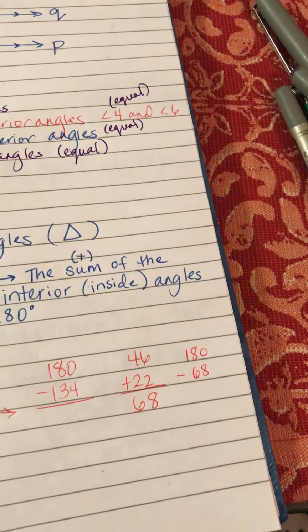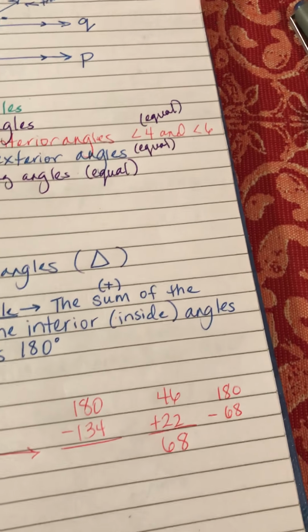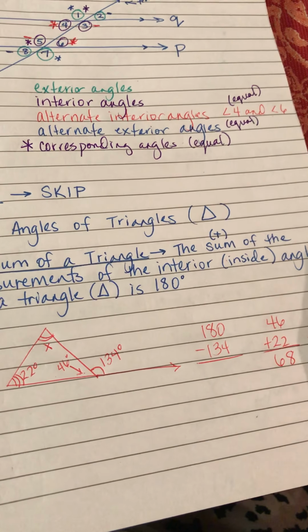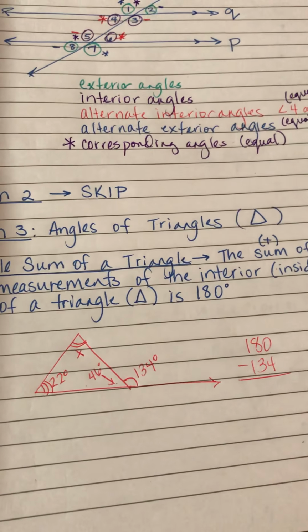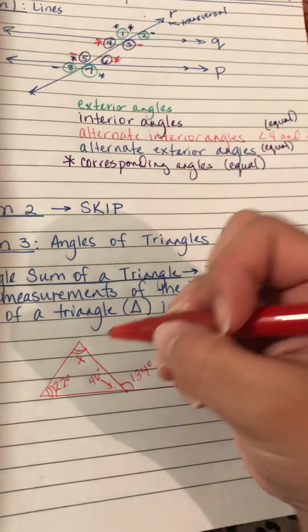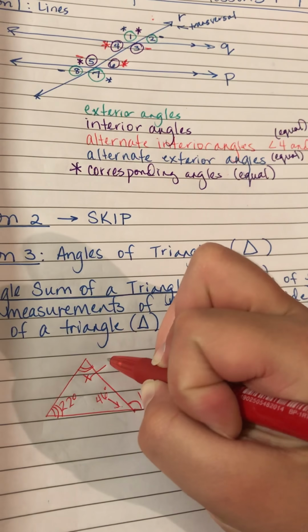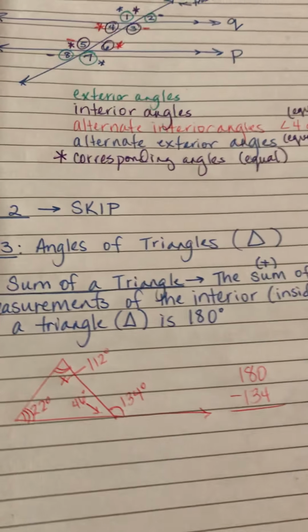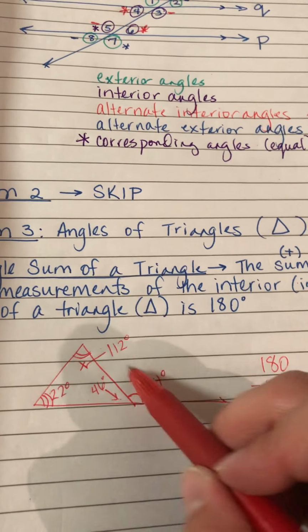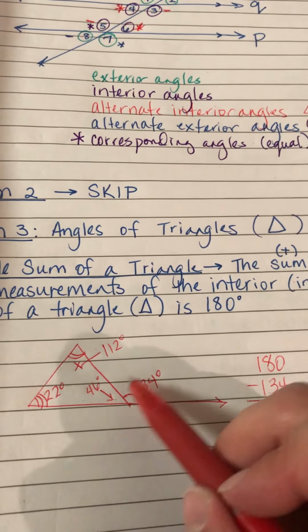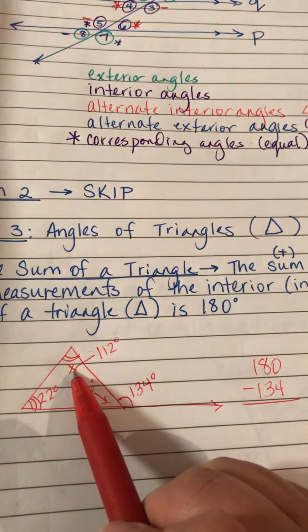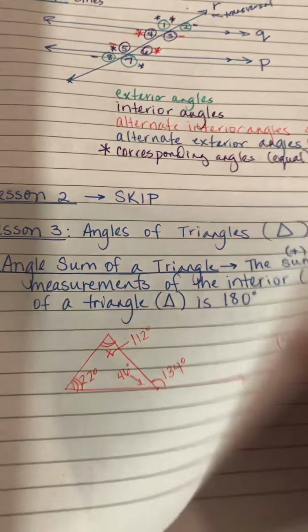So 180 minus 68 would give me 112 for this third angle. Okay, I did not draw this very well, because this is supposed to be an obtuse angle and this one's supposed to be smaller, but in general, this is how you would solve the problem. So 120 degrees is our x value.